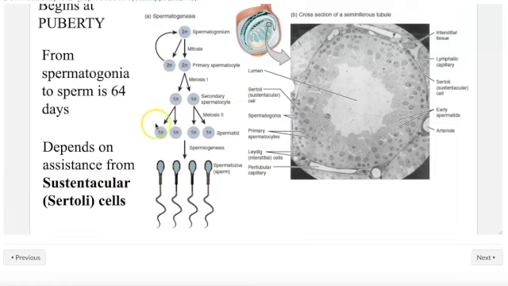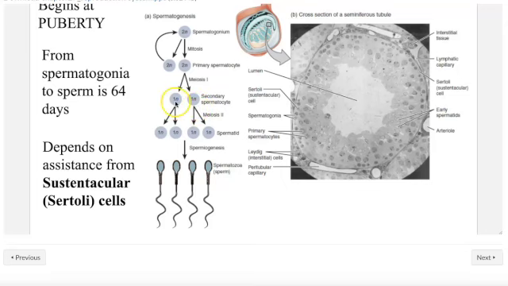So here's what I talked about, the meiosis. First it starts with mitosis, where you develop into two identical cells. Then it goes into meiosis 1, where it develops into two different kinds.